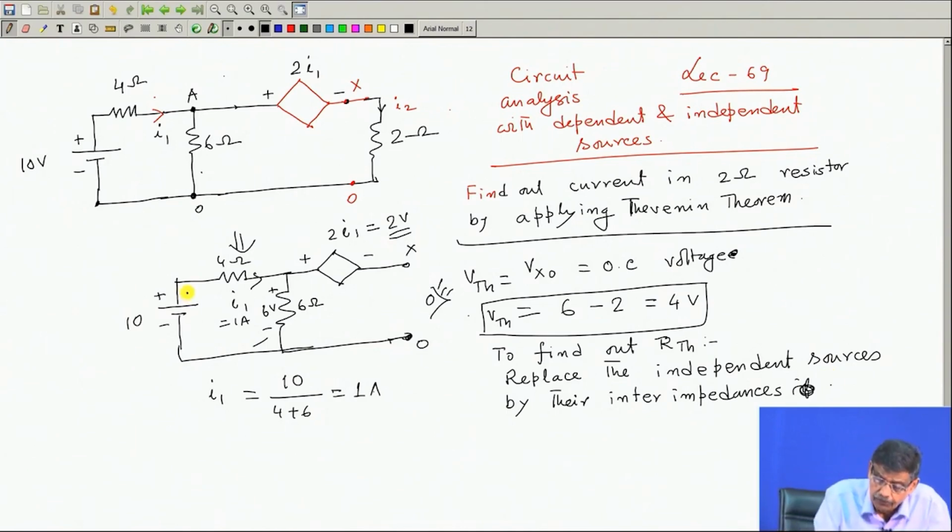So, here is a 10 volt independent source. To find R Thevenin's, what I have to do is redraw the circuit, replacing the independent sources.